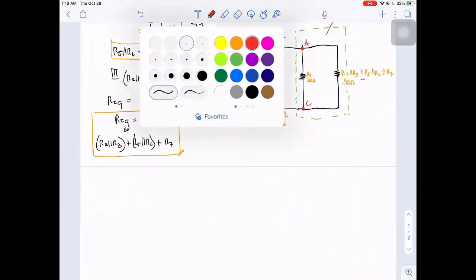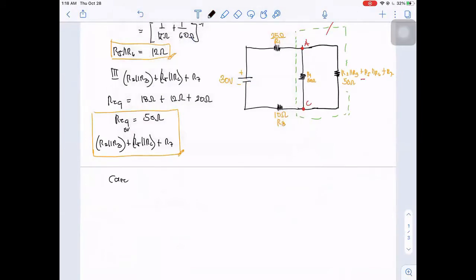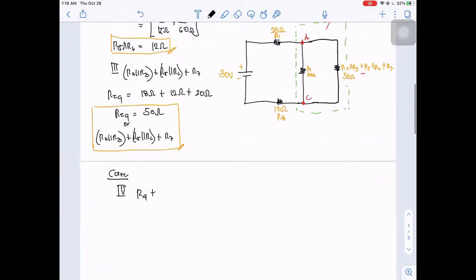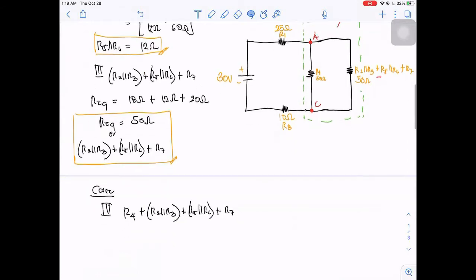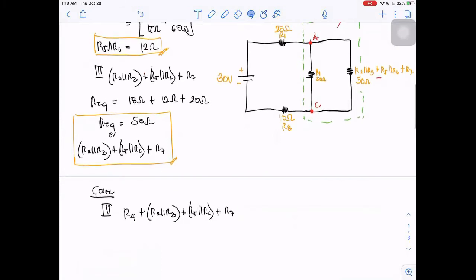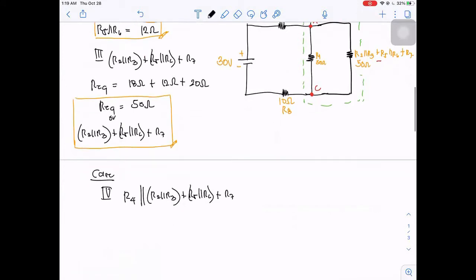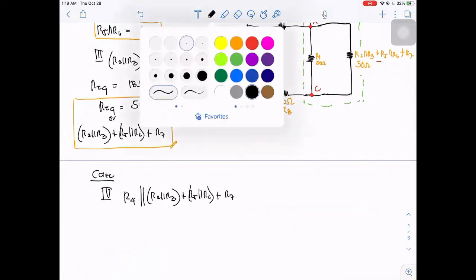For case number 4, we have R4 and this equivalent resistance. Okay, they are in parallel, not series. So we can just compute for the equivalent resistance.